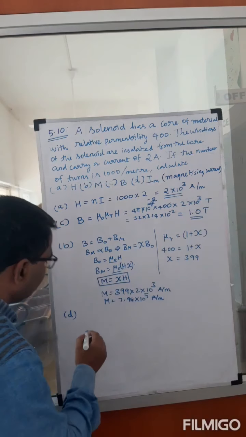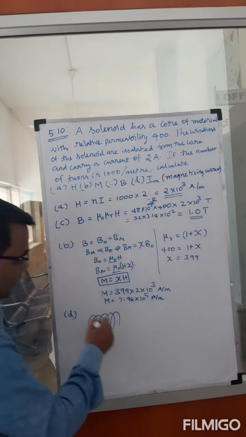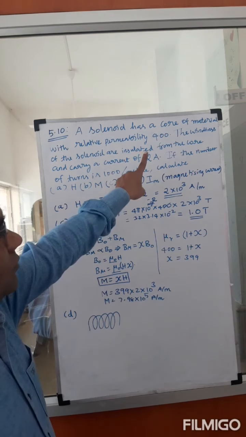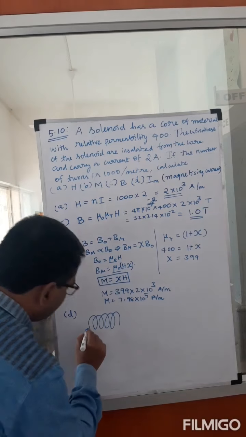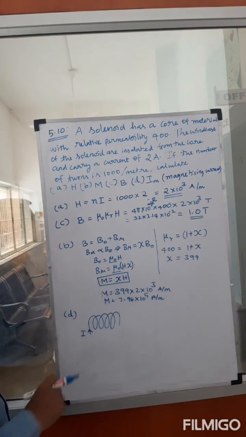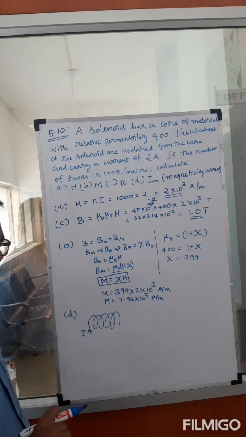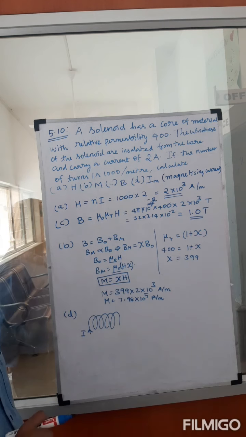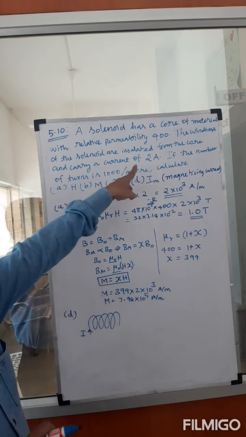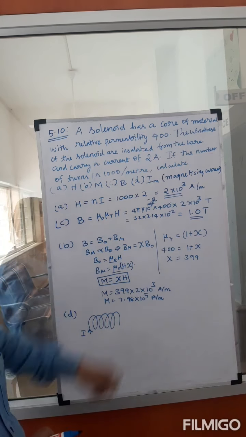So now I have a core. Now I have a coil without the core. Now I should be passing a current I through this, and that should produce the same field B. Then the excess current I pass is the magnetizing current.